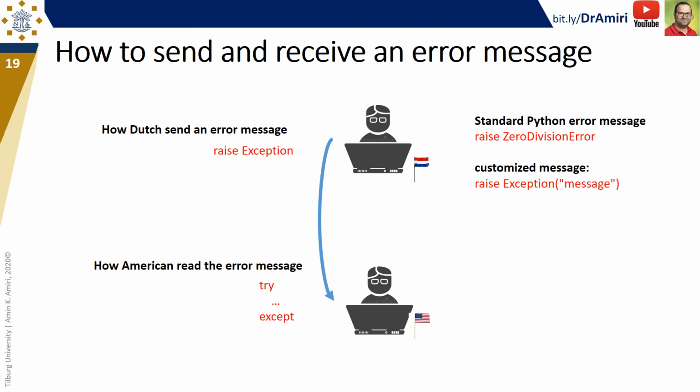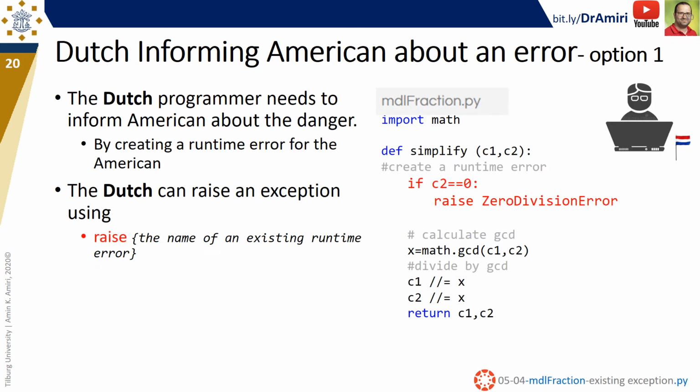But if you would like to send a customized message to the American programmer, then you can use raise exception and add parentheses, and in between parentheses you can write down your message to the American programmer. Then the American programmer can read that message using try except. So that's how you write the first option when you want to use the error object that is already created by Python.